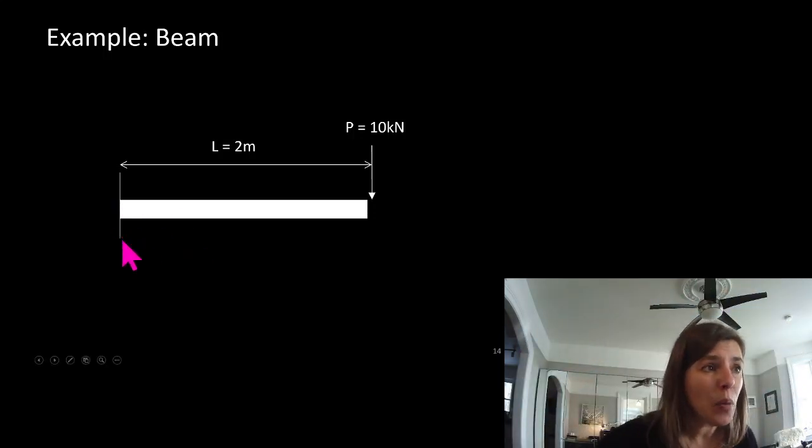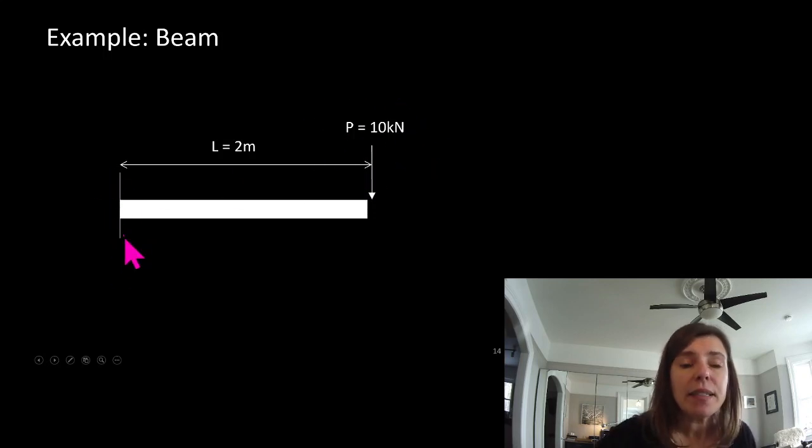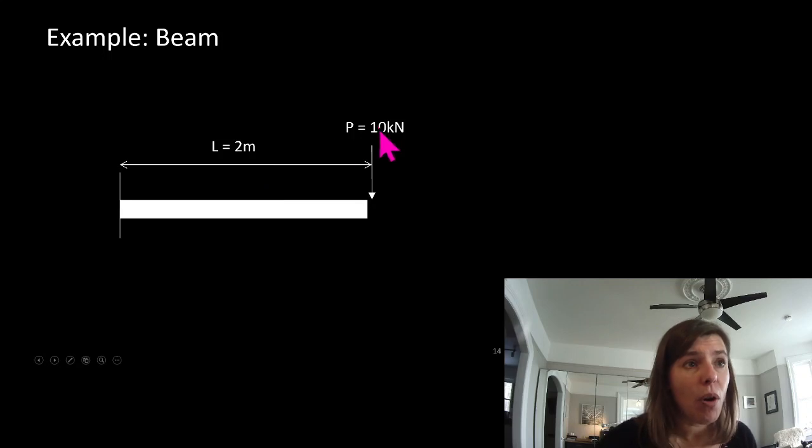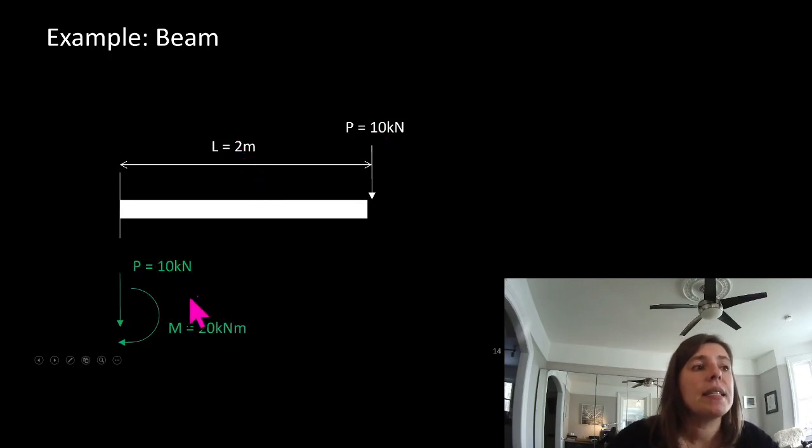The moment that we define right here is the force times the eccentricity. And so how are we defining what the centroid is? Well, this is where it's being held rigid. So our force times our distance is the same as 10 kilonewtons right here and 20 kilonewton meters about that point.